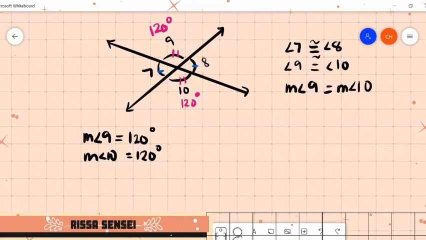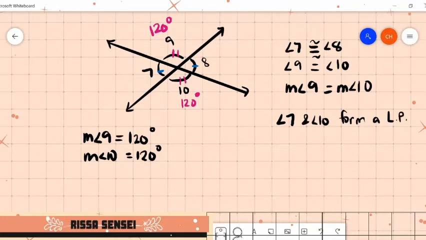Ngayon, paano ko makukuha yung sukat ng angle 7 and angle 8? Notice that angle 7 and angle 10 form a linear pair. Eh, ano ba yung conditions kapag linear pair? Di ba?